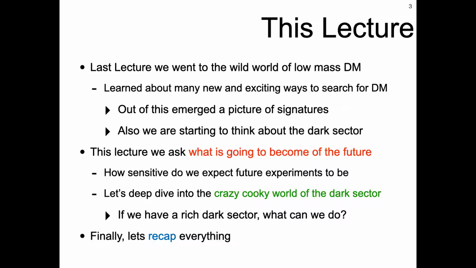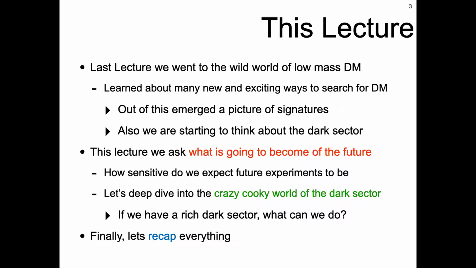All right. Out of last lecture, it kind of emerged the idea of looking for low mass dark matter. We started to look for interesting signatures. You get a lot of different signatures, you start to get displaced objects, and you get a lot of these light dark photons decaying to electrons and muons, mostly because they're light.